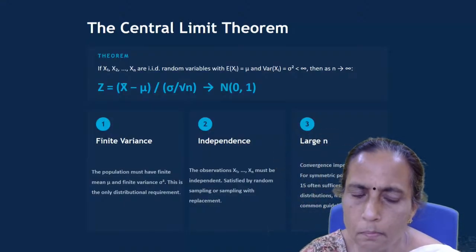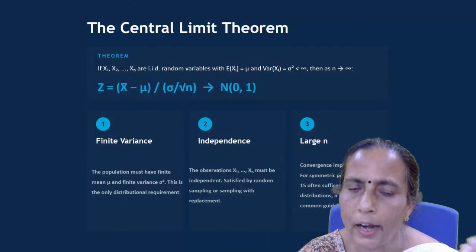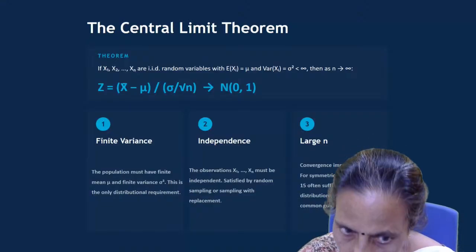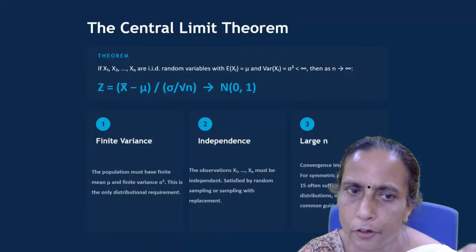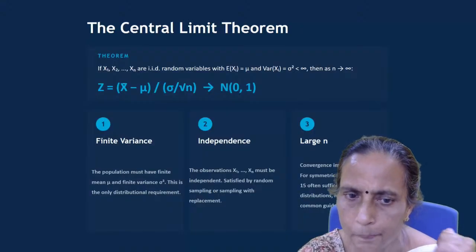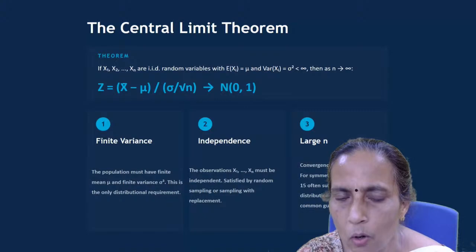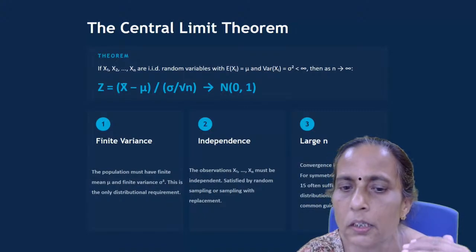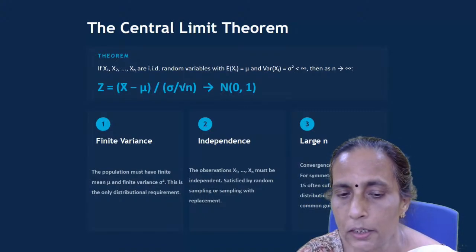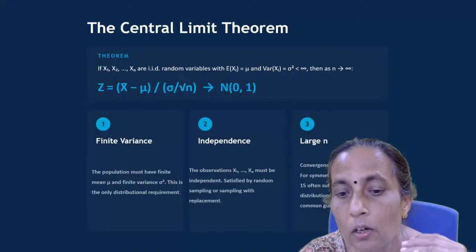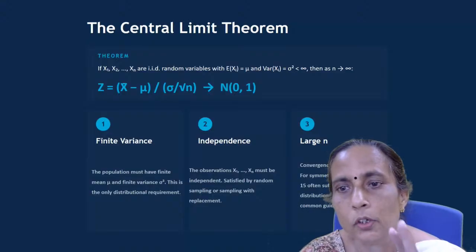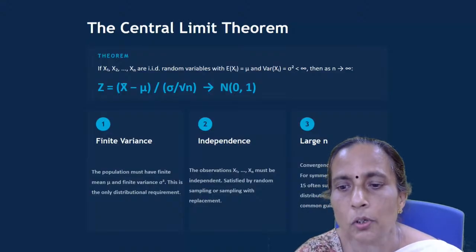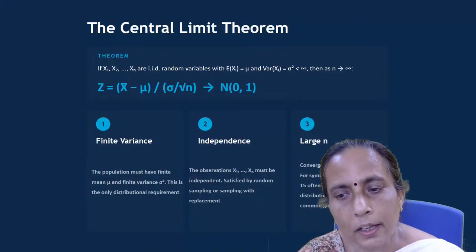The population must have finite mean and finite variance. This is the only distributional requirement for the central limit theorem. Independence means all the observations drawn must be independent. This is satisfied by random sampling or sampling with replacement, and your sample size should be large, more than 30.